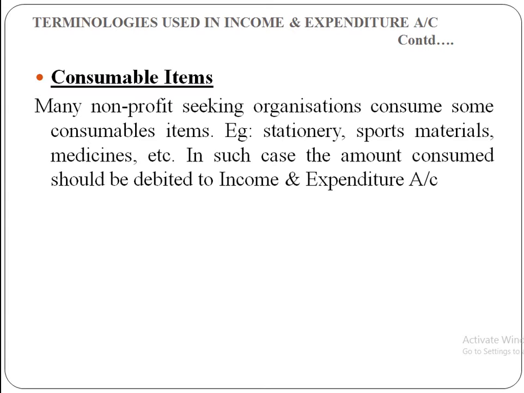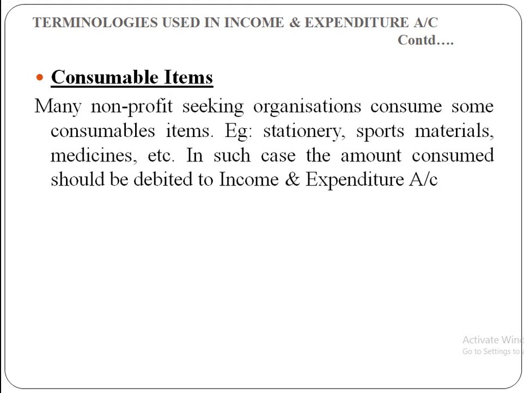These are the items which are used daily or periodically. Take a hospital, where medicine is used on a daily basis, or a sports club, with sports materials like cricket balls and footballs, and office stationery.